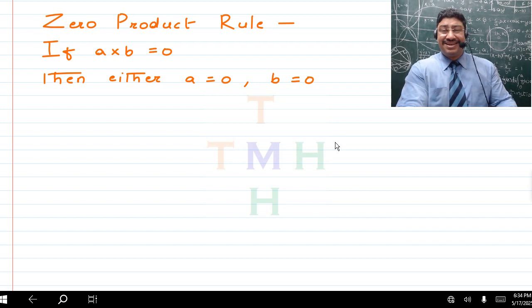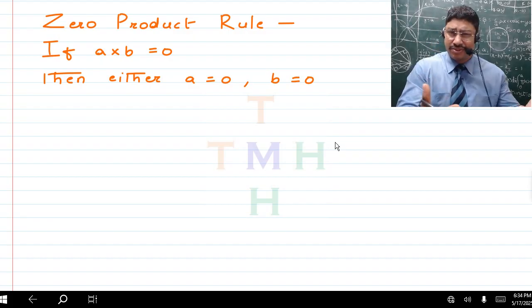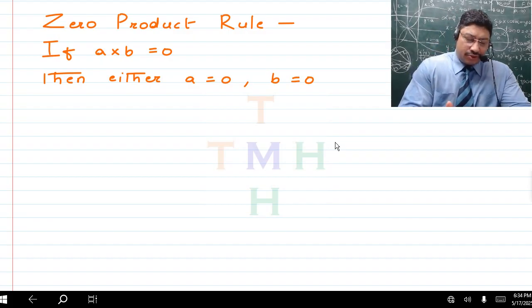Both of these can be true. But saying that both are equal to 0 is not appropriate, as that will tell you that both the answers are 0, and that is crude, right? So this is the assumption with which we'll move.